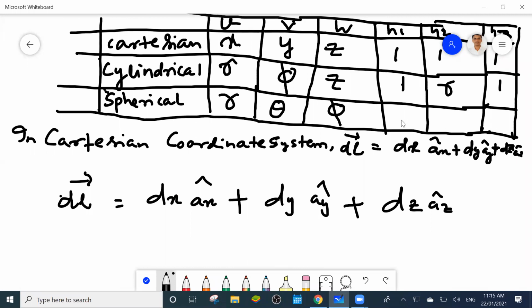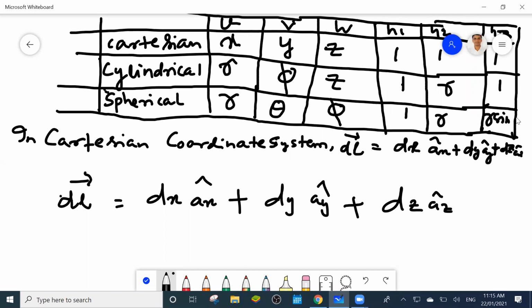The derivation is there; if you convert from Cartesian to cylindrical, we have to go through the detailed derivation. But for easy remembering, I am writing this. If there is a subjective question, we can derive, but they will not ask in the semester examination. And in spherical, H1 is 1, H2 is r, and H3 is r sin theta.